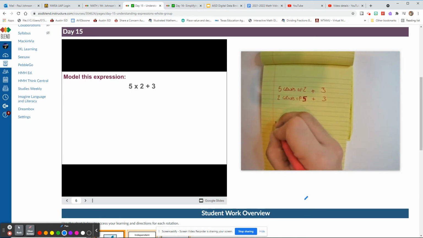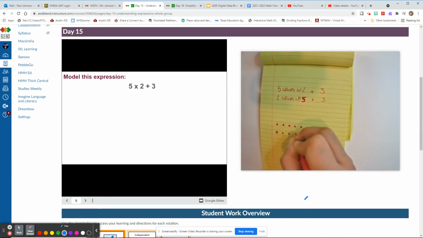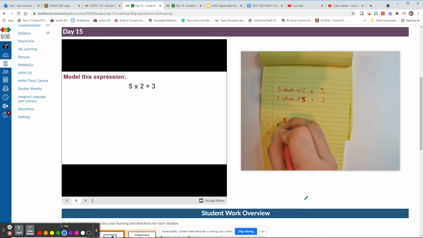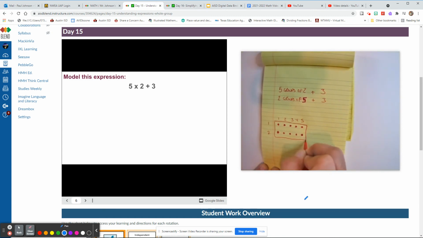So basically, I can do 5 groups of 2. So there's 5 groups, 2 each. I could draw it like that. There's 1, 2 times 1, 2, 3, 4, 5. All together, that's 10.